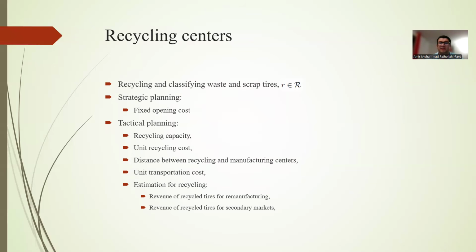From a strategic planning point of view, among a set of potential sites for the recycling centers, we want to focus on the location of the recycling centers, and there is a fixed opening cost associated with each potential site.